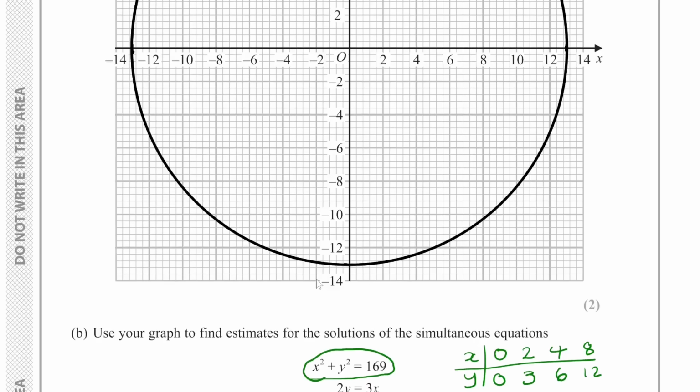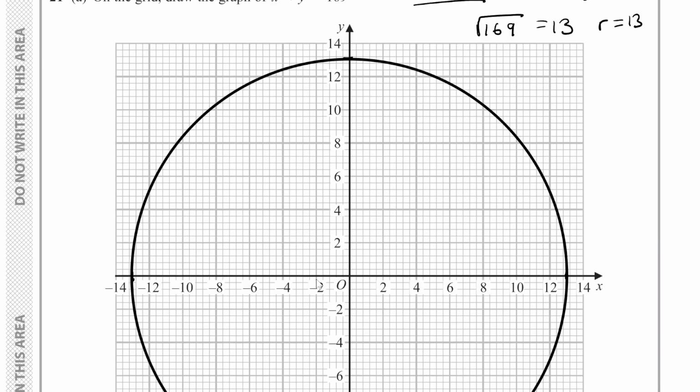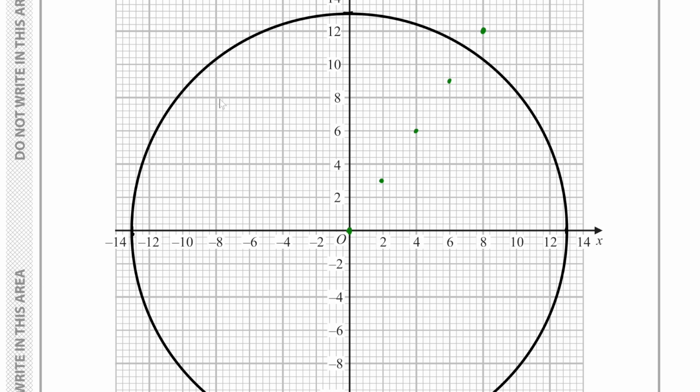So we've got 0, 0, 2, 3, 4, 6, 6, 9, 8, 12, and so on. So we draw that straight line as well.